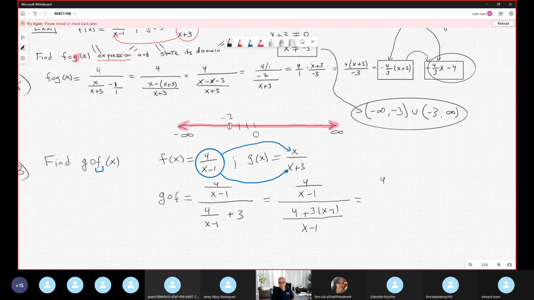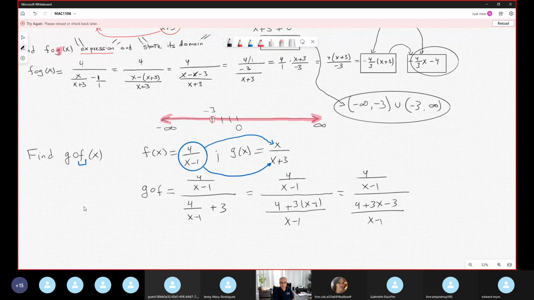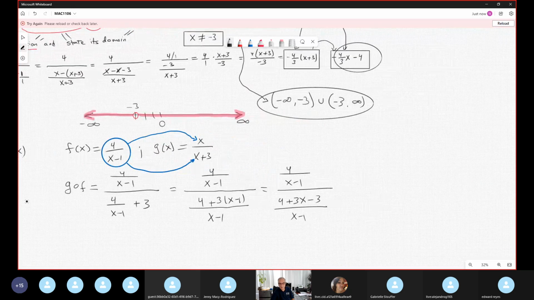Okay, now distribute it. 4 plus 3x minus 3 divided by x minus 1. Okay, so now we have a fraction. Well, no, actually 4 over x minus 1 divided by 3x plus 1 equals 4 minus 3 is 1 divided by x minus 1. Okay, now we have division.